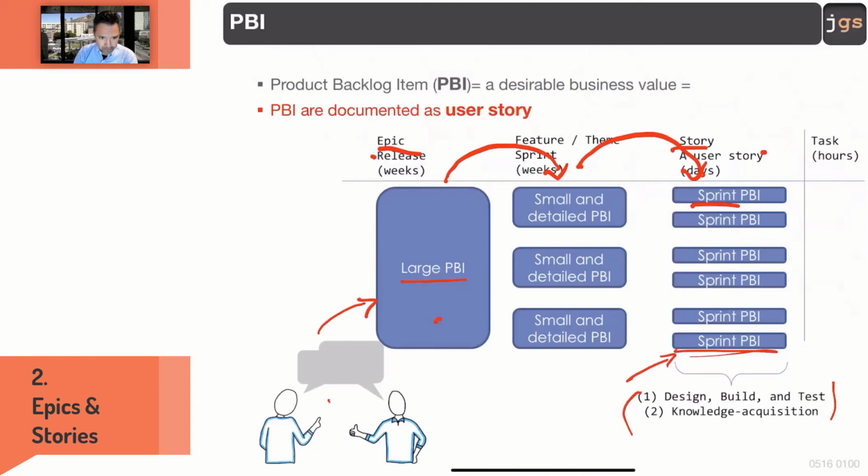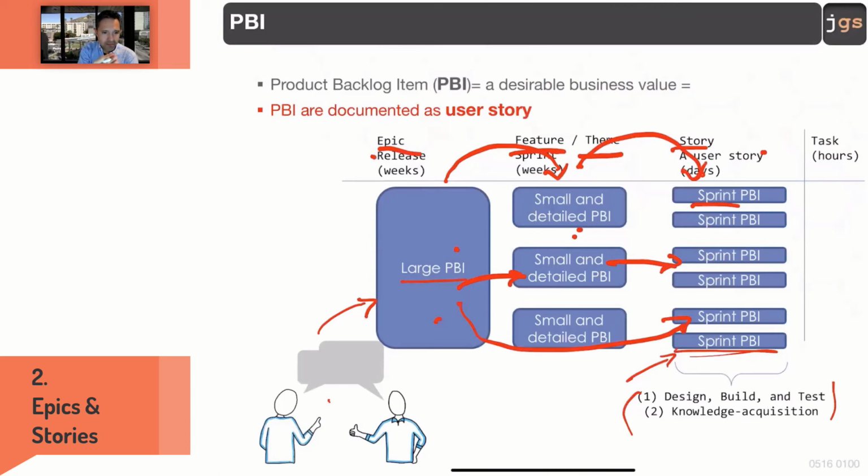The medium ones, we call features or themes. They are smaller than an epic, but still they are not stories.